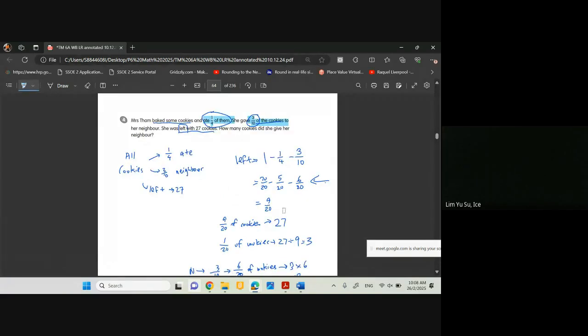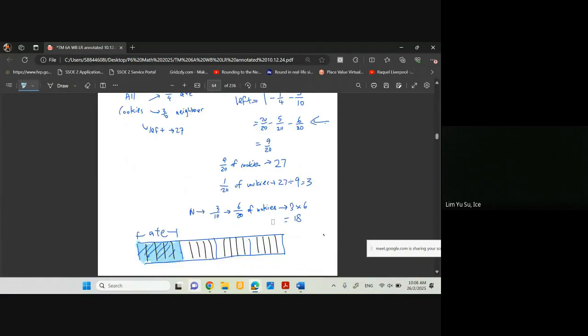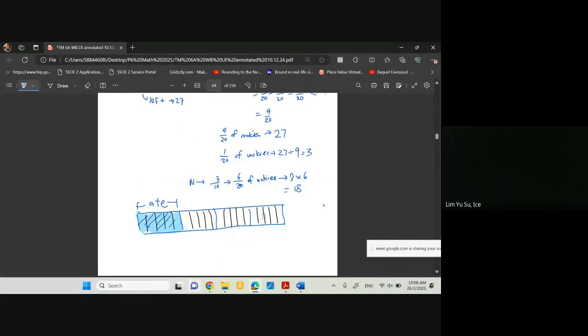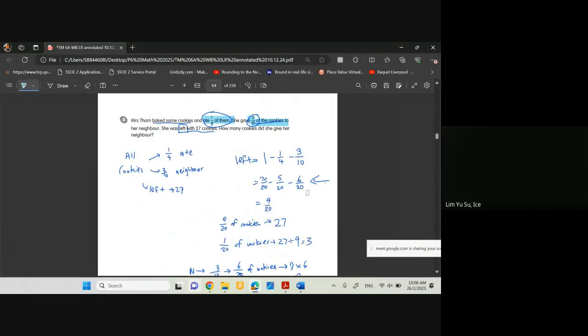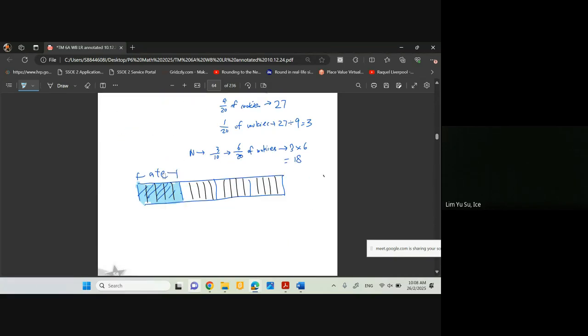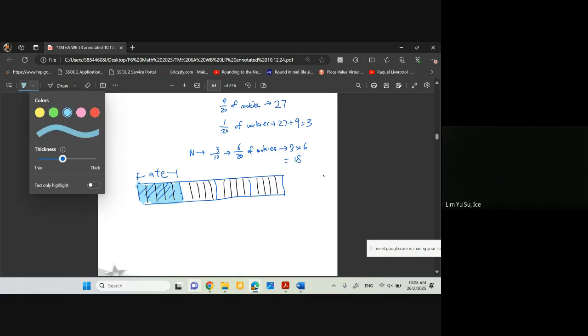Why cut into 5 parts? Because you need 20 mini parts. That's right. So I need 20 mini parts. Why? Because I have to figure out the 3/10. 3/10 to the neighbor, how many mini units is that? 6 mini units, that's correct.